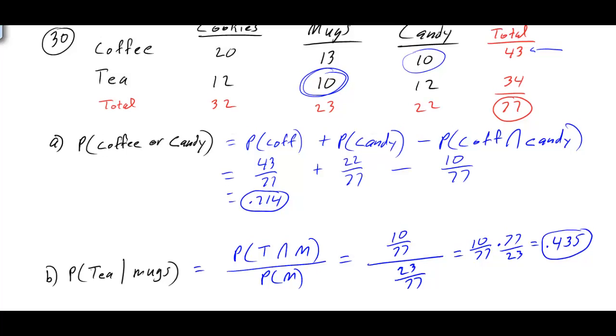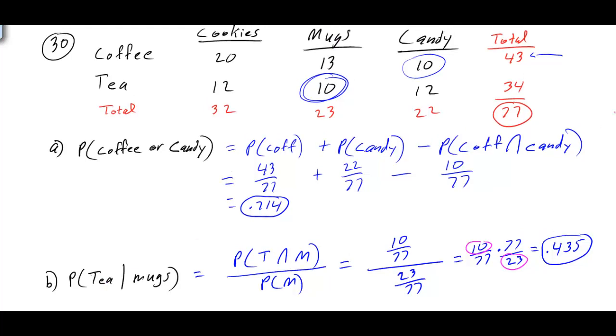And also with this one, you could have just simply looked at the chart. If you notice here, for example, we have 10 out of 23. Well, what's the probability of tea given mugs? Well, you could simply say, we know that we're talking about mugs, so that means we're looking here.